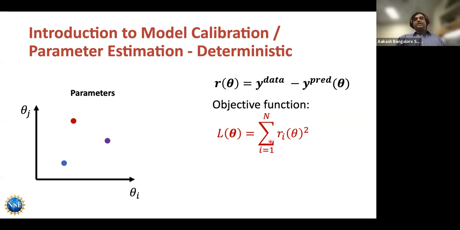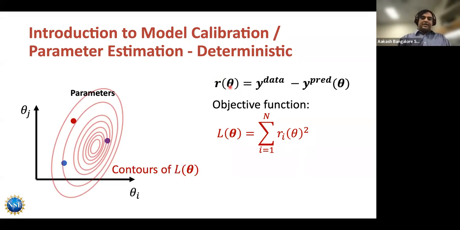In this objective function, the objective is the sum of the squared values of the residuals, or the prediction errors. And in this deterministic approach, this is a function of the parameter. So for each point in this parameter space, we can evaluate this function, and we would end up with something that looks like this. This is the contour plot of this function.